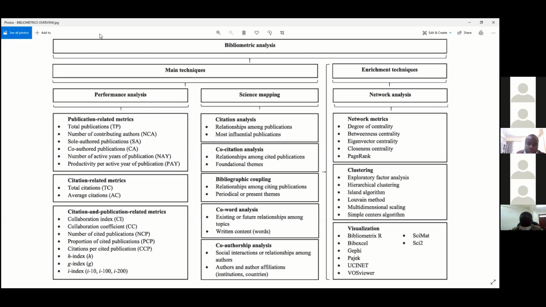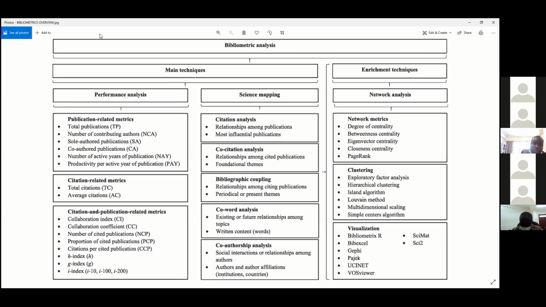Now, when it comes to the analysis, there are main techniques. So I already mentioned the performance analysis and then the science mapping. If you look at the main techniques, they are disaggregated into 2, the performance analysis and the science mapping.